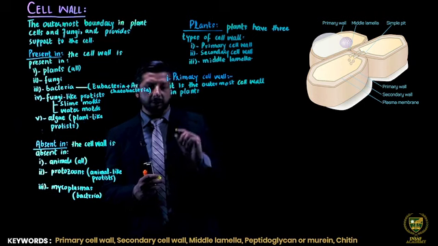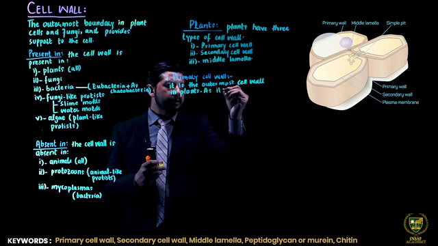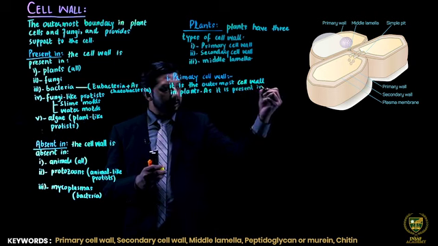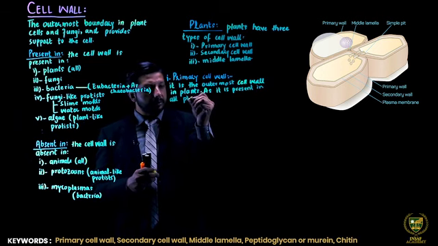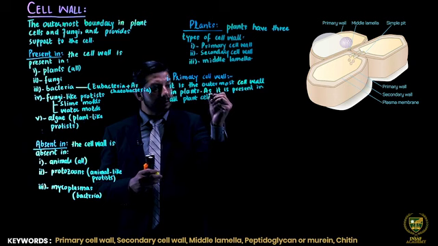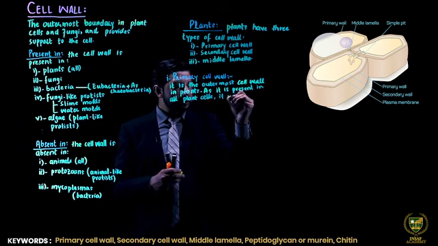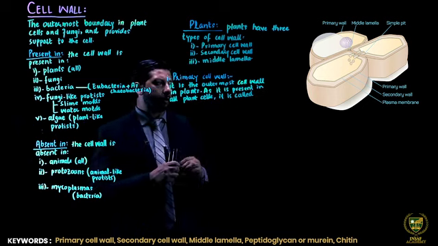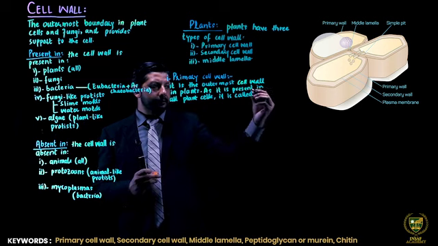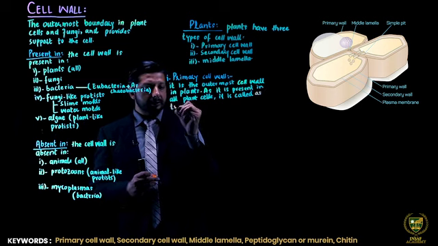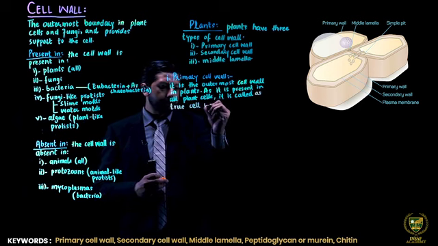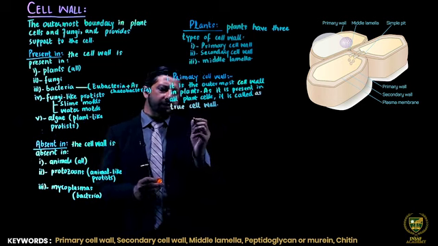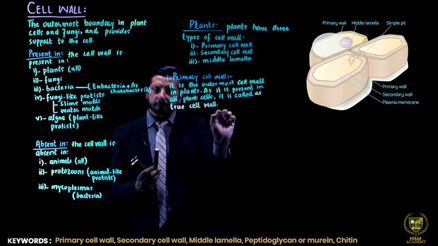Clear? सबसे बाहर यही होती है. As it is present in all plant cells, it is called the true cell wall. क्योंकि ये हर प्लांट सेल में मौजूद है, so that is why it is also called as a true cell wall, the primary cell wall. ये MCQs के लिए मार्क कर ले इसको बुक में.